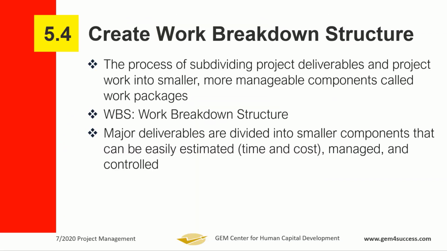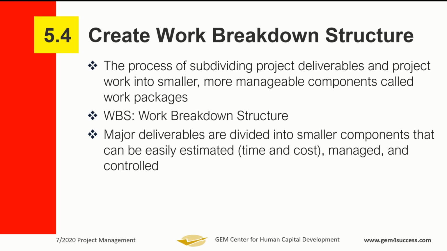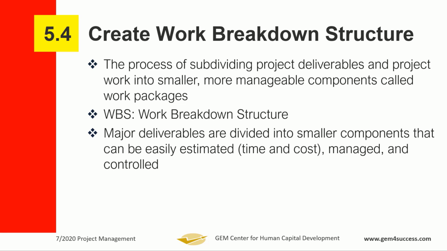So that's the reason why the work breakdown structure is telling you to break down the scope, the deliverables and the work required to create the deliverables. Break everything down into components. Break those components into sub-components. You keep breaking down until you have gotten to a level that is small enough that you can deal with directly.